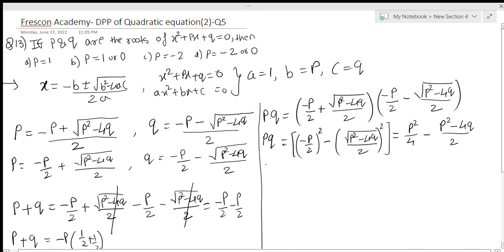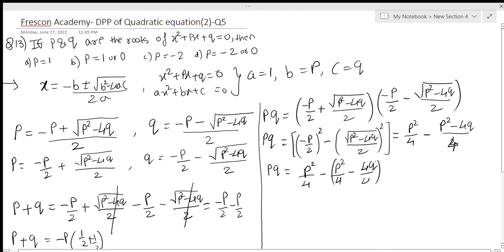So pq is now equal to, sorry friends, 2 square will be equal to 4. So it is p square by 4 minus p square by 4 minus 4q by 4.